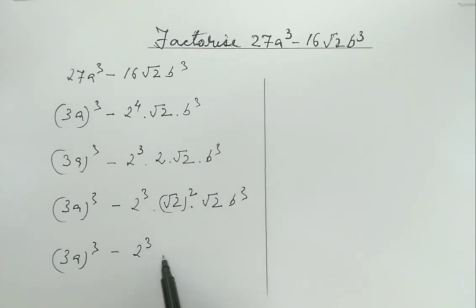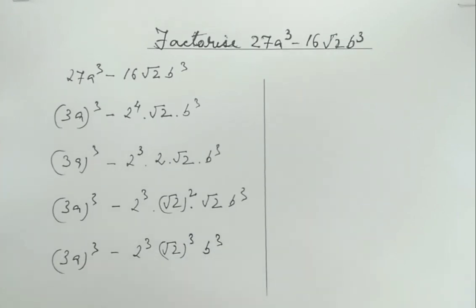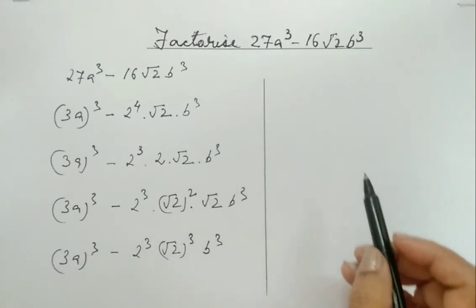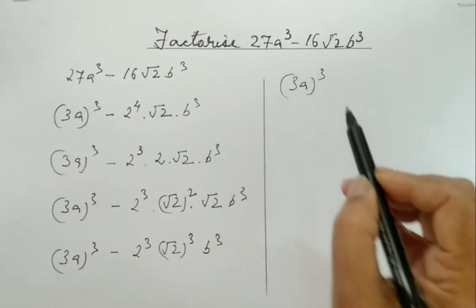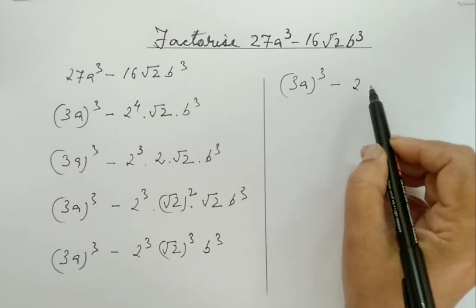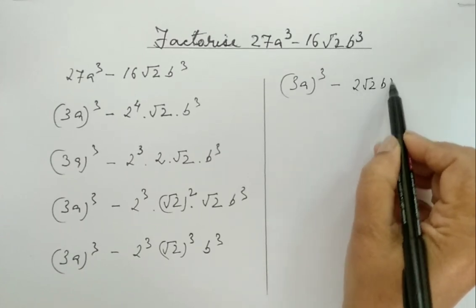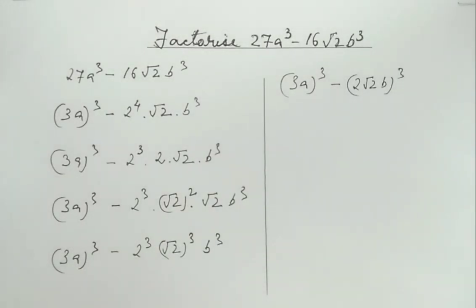Here we have cube of root 2 and a cube of b, isn't it? Now the thing is very easy for me because I am going to collectively write this as cube in my next line. So I have 3a whole cube, here 2 root 2b as another cube.